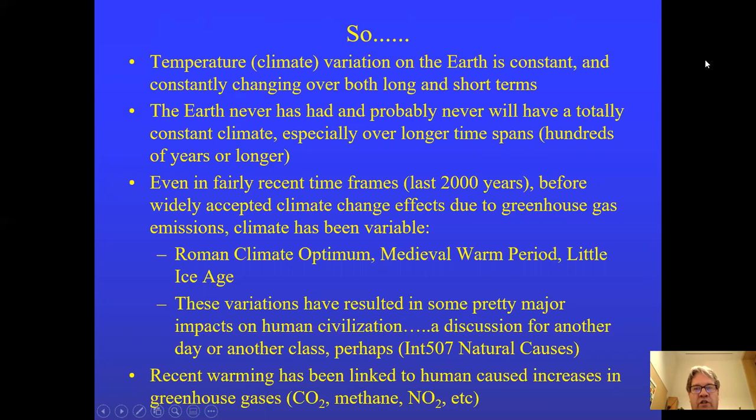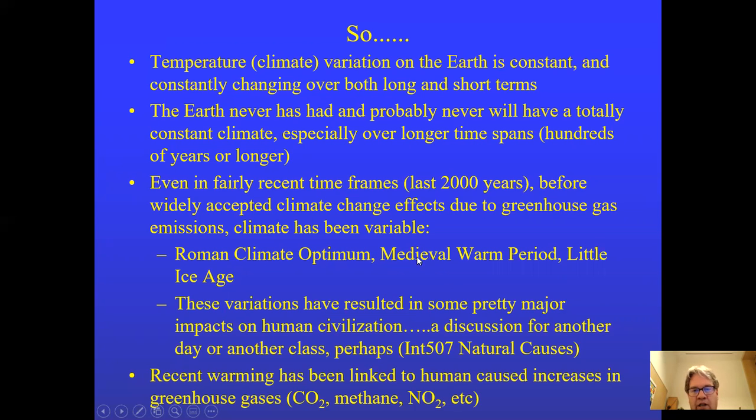There's always variation, constantly changing over both long and short terms. Earth never has had, or probably never will have, a totally constant climate, especially over longer time spans, hundreds of years or longer. Even in fairly recent time frames, the last 2,000 years or so, before widely accepted climate change effects due to greenhouse gas emissions, climate has been variable, like the Roman climate optimum, right?